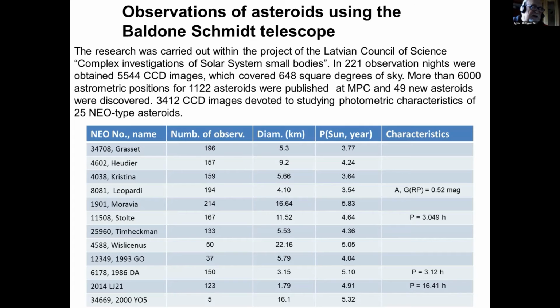Besides this, more than 3,000 CCD images were devoted to the study of the photometric characteristics of 25 NEO-type objects.